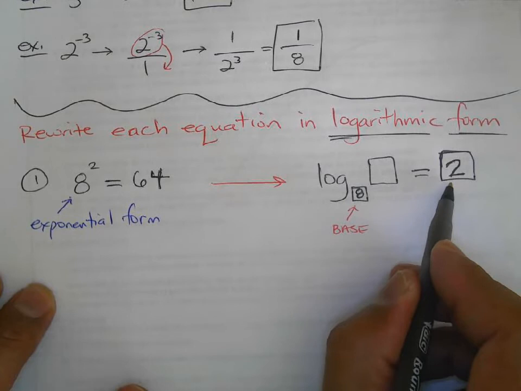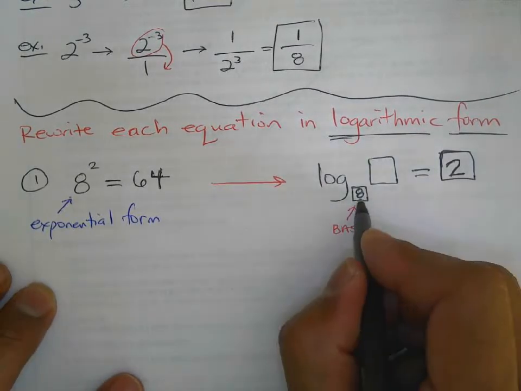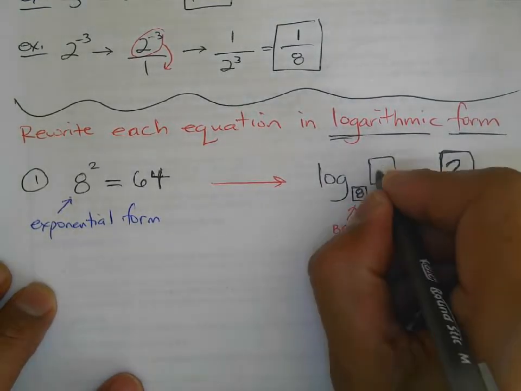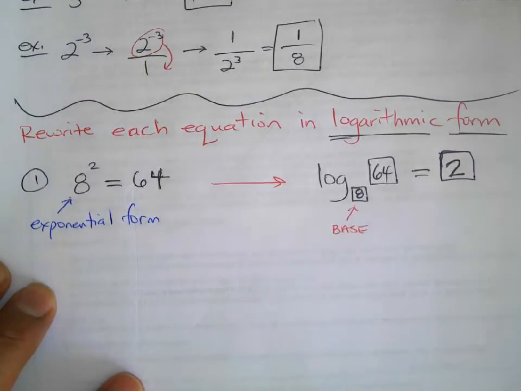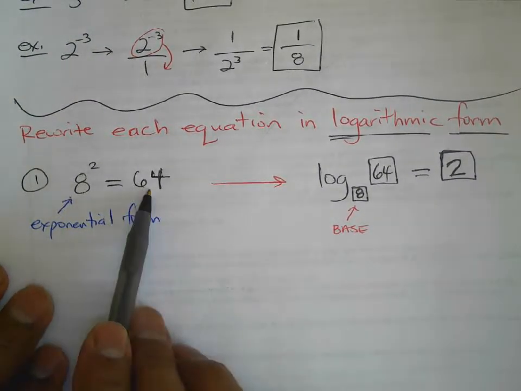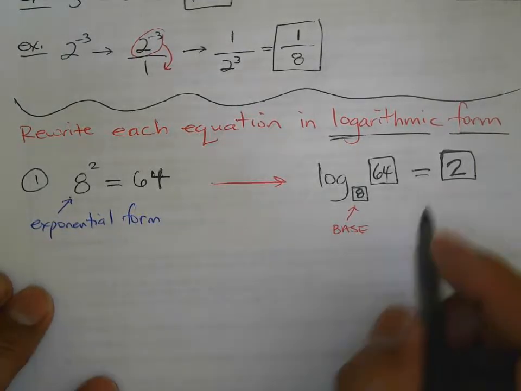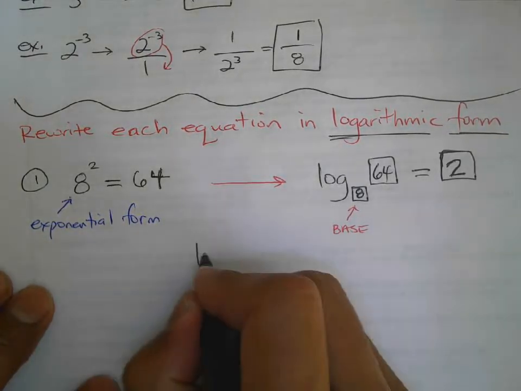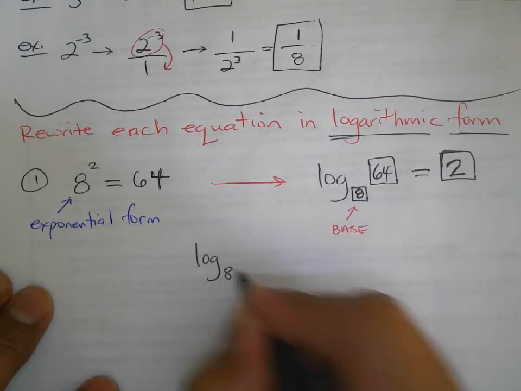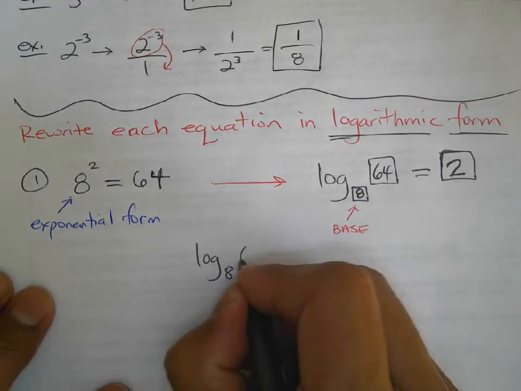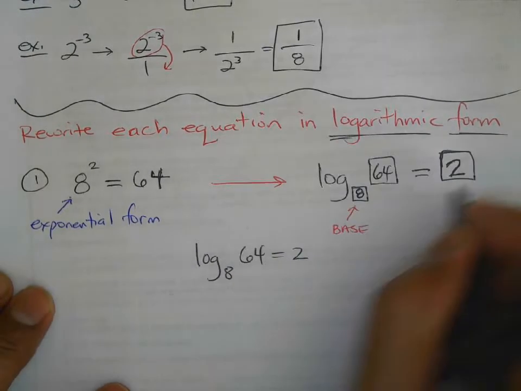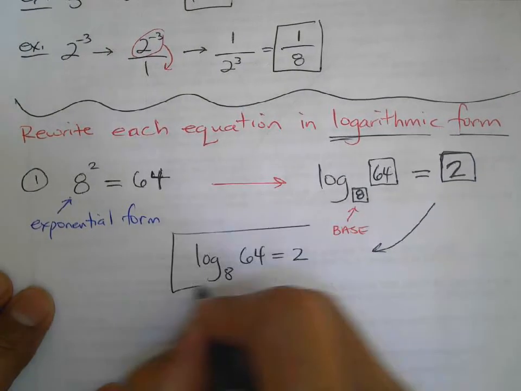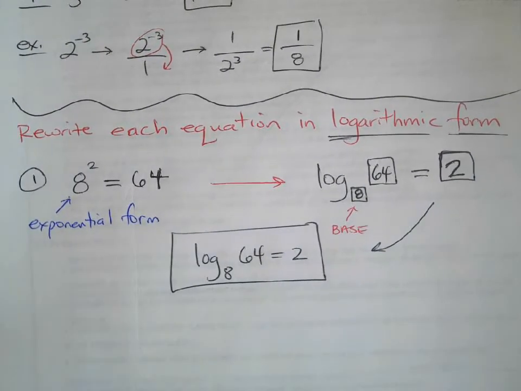The power is like the main thing you're trying to figure out, right? 8 to the power of 2, and the 64 is here. So this is how you write 8 squared equals 64 in exponential form, but in logarithmic form it would be log little 8 down there like that, 64 equals 2.